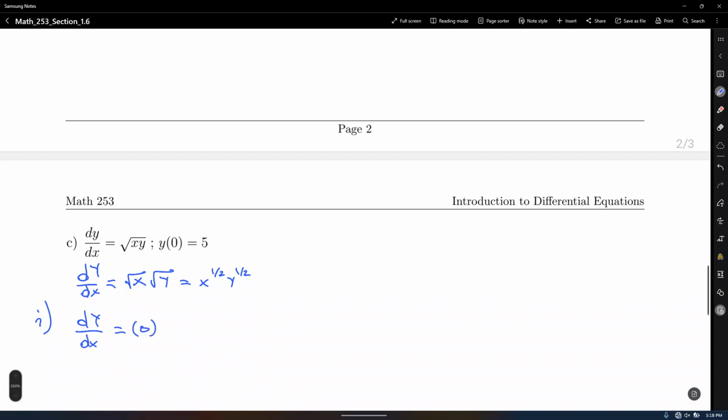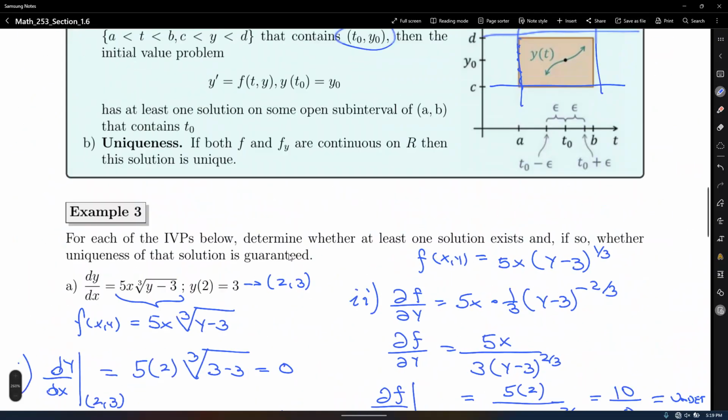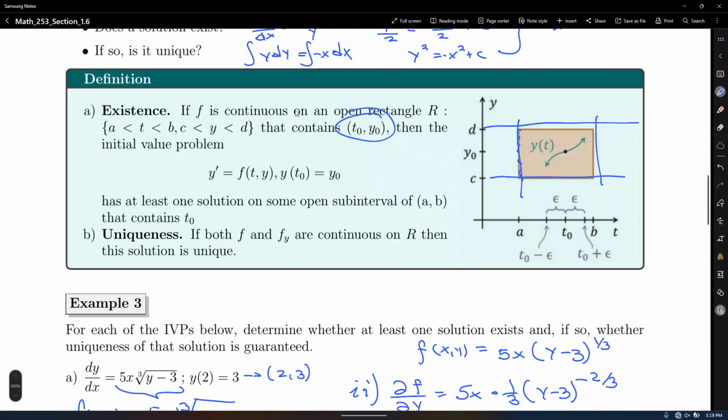Is it defined at (0, 5)? That's 0 to the 1/2, 5 to the 1/2, which is equal to 0, right? So you may think, okay, well, this is defined. However, we have a problem. It's not just about having the function defined, but also being continuous at that point. That's what it says in the theorem: if f is continuous.